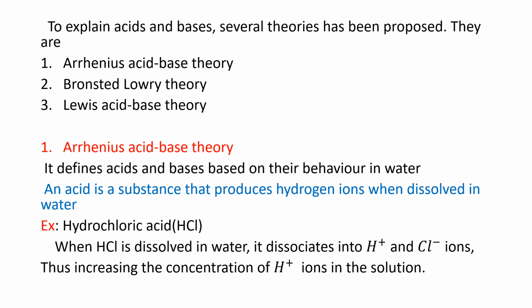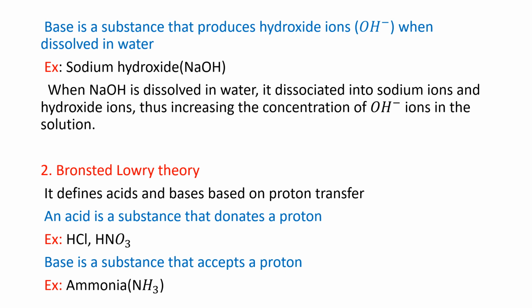Now let's see what are bases according to this particular theory. Here, a base is a substance which produces OH- ions when dissolved in water. For example, sodium hydroxide. We know its formula is NaOH, isn't it?